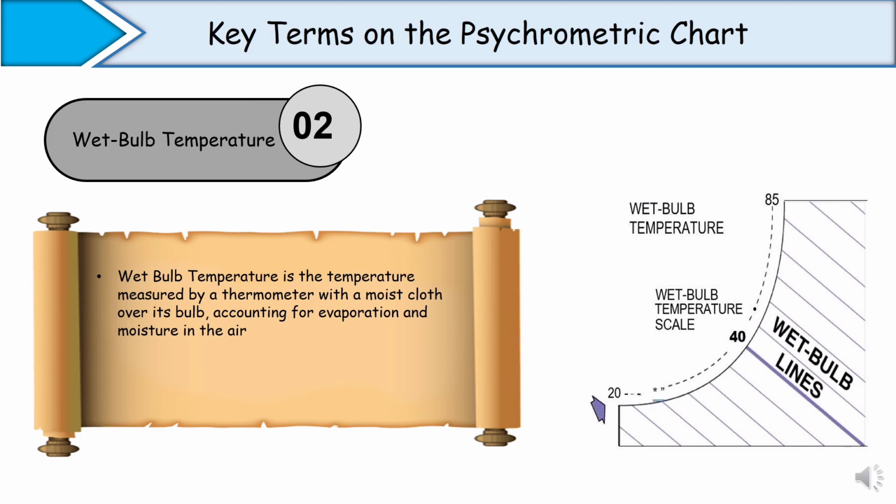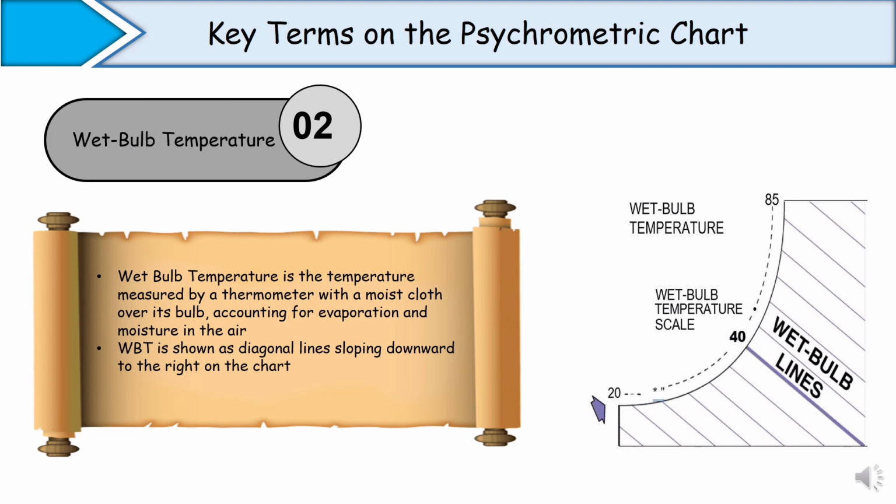Remember, WBT is critical for determining evaporative cooling potential. The smaller the difference between DBT and WBT, the higher the moisture content, indicating that the air is closer to saturation.